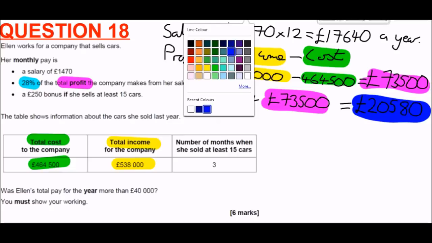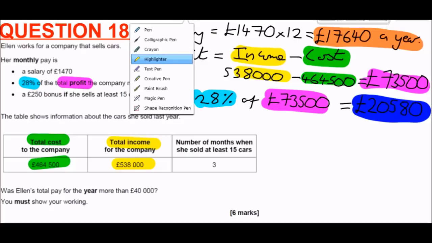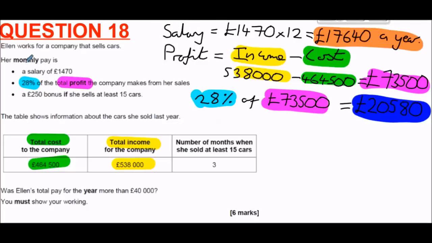So we've got 17,640 from earlier, and 20,580 from the percentage of the total profit. But also, we do know that she gets a bonus as well some months. She gets a bonus of £250 a month if she sells at least 15 cars. So how many months does she sell at least 15 cars? That's 3 months. And so she gets a bonus of £250 for 3 months of the year last year.